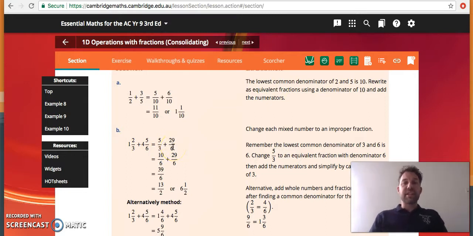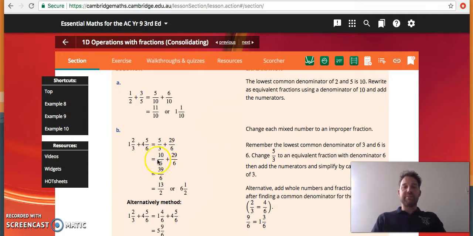All right, so just like before when we had to get our denominators identical, at the moment they're 3 and 6, we want them both the same. Let's do our 3 times tables, 3, 6. Let's do our 6 times tables, 6. Oh, here's something common, 6. All right, so to get 3 to 6, we needed to times it by 2.